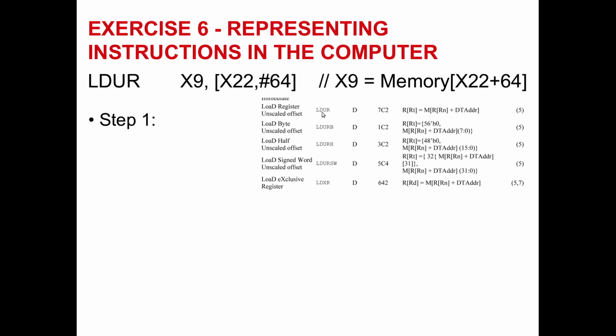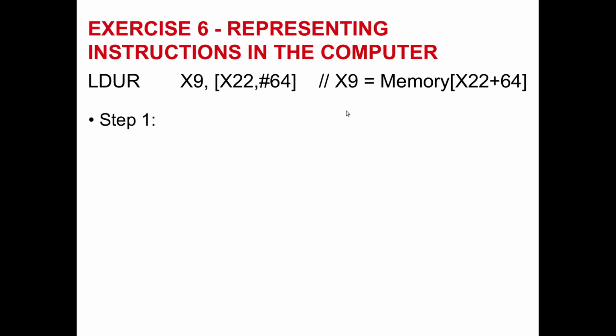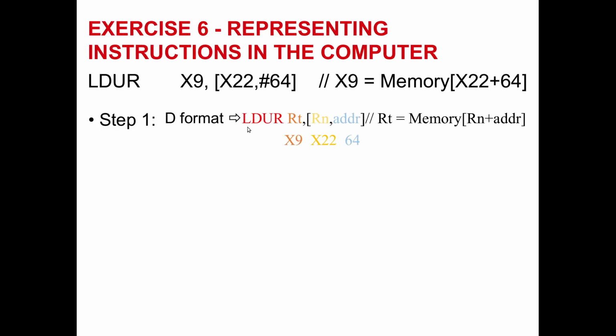It is here, LDUR, and we know it is a D format. For the D format, the format looks like this: LDUR, the instruction, and then RT, say for the target, and then RN and the offset address.